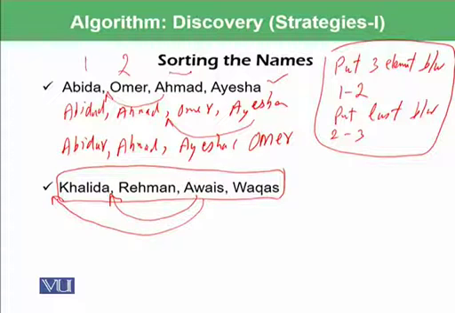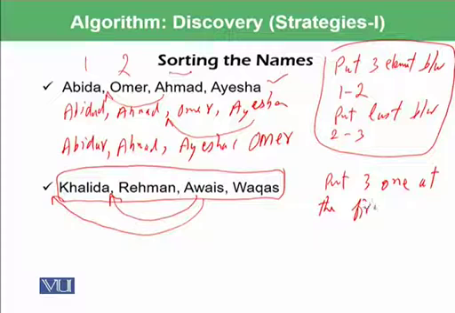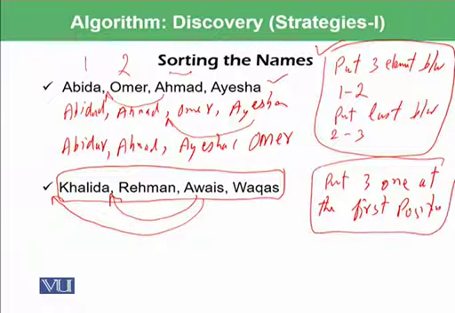So this means to sort these names, you need to put the third one at the first position. This means the algorithm we came up with cannot be applied to the next instance of the problem. And similarly, there could be a number of other names which can come, and you would have no way to make them properly sorted.